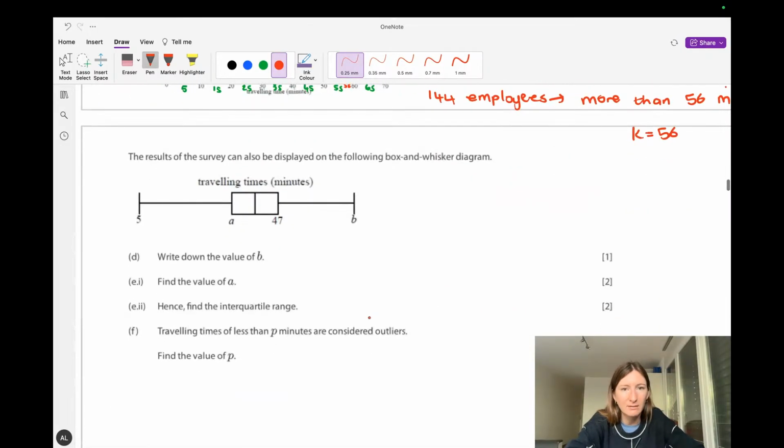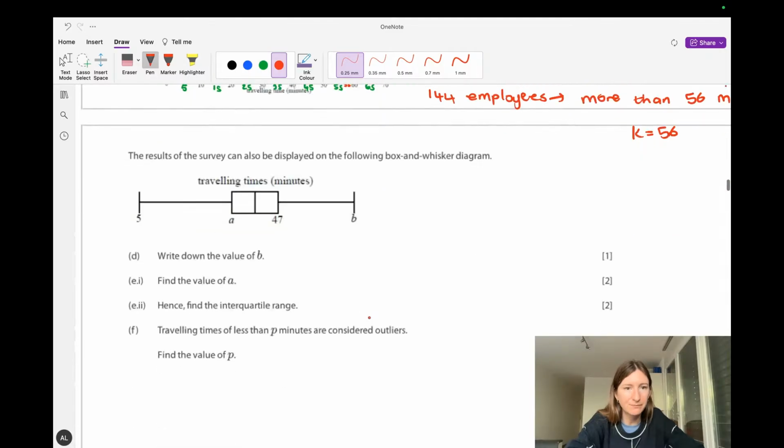Right, then the question continues. Write down the value of B. B is our maximum from our box and whisker. This is our median, which we found already, and this is our quartile 1 and our quartile 3 and our minimum.